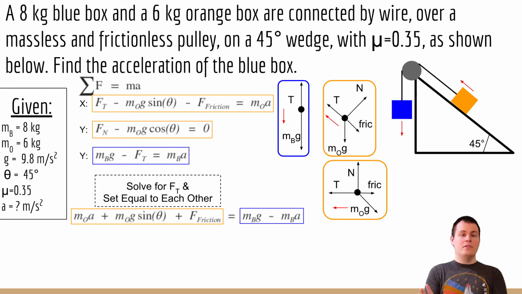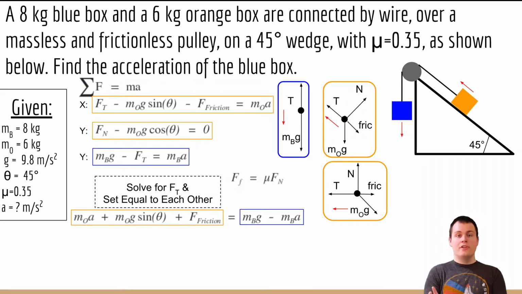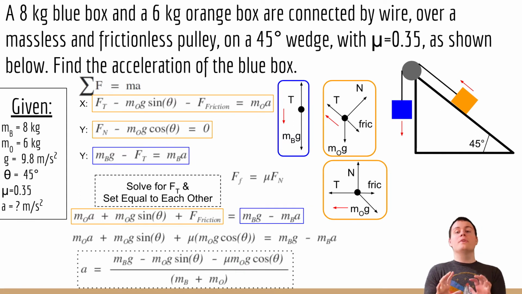That is one long equation that's a mouthful, and it's only going to get worse because we have to make a substitution for the force of friction. When we make that substitution to solve for the acceleration, we find one big long equation. Thankfully we know all of the values for all of the variables in it, and all we have to do is plug it into our calculator.